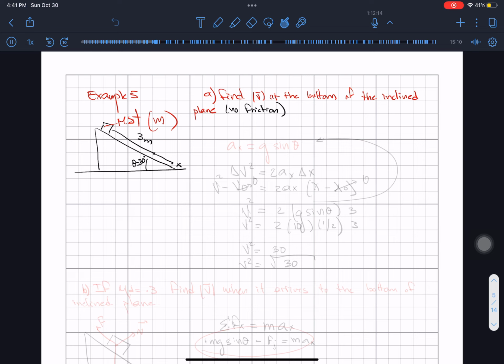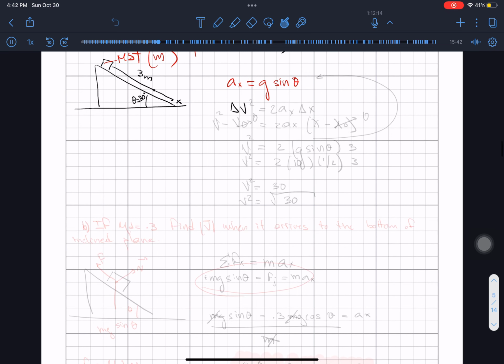So we can find the acceleration by the following equation. Acceleration of the plane is equal to the gravity times sine of the angle. Once we have the acceleration, we can find the final velocity by the following equation.